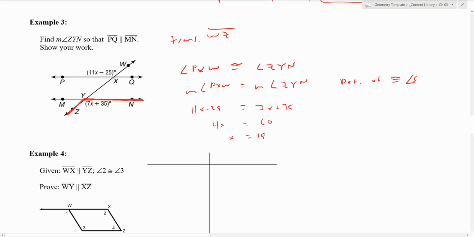Is that really what I'm looking for, x? Well, that's the first part, but I'm actually looking for the measure of angle ZYN. So I'm going to substitute 15 in for x.